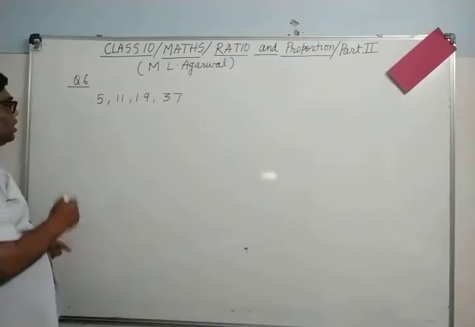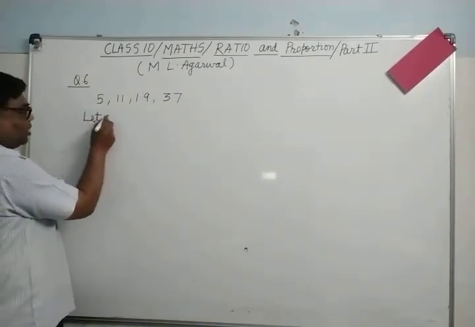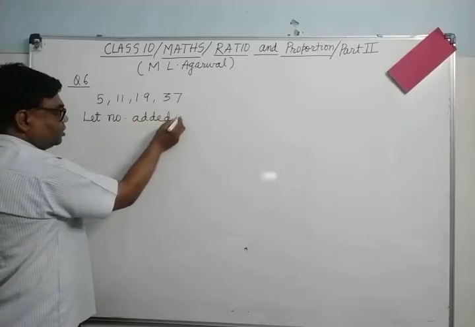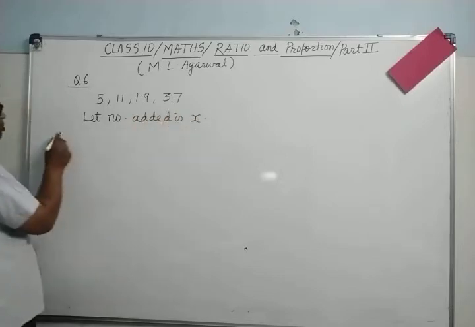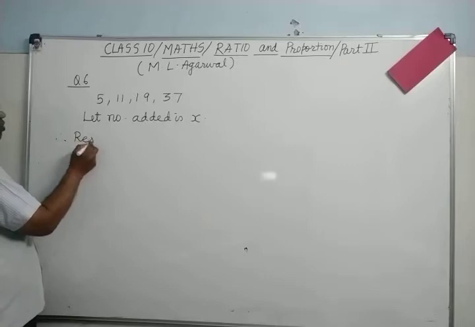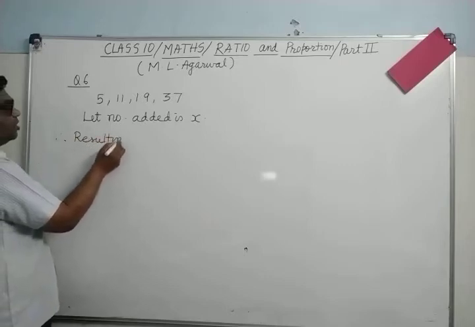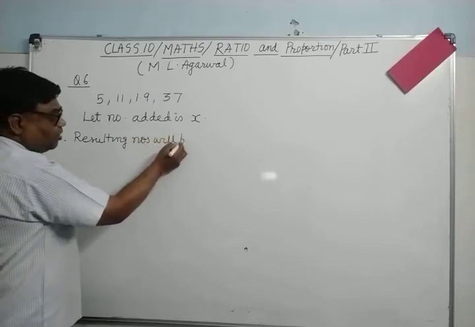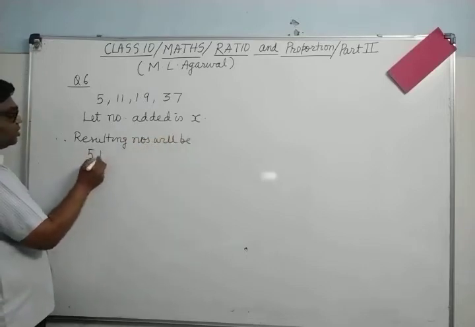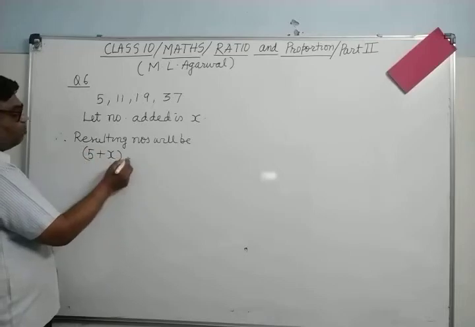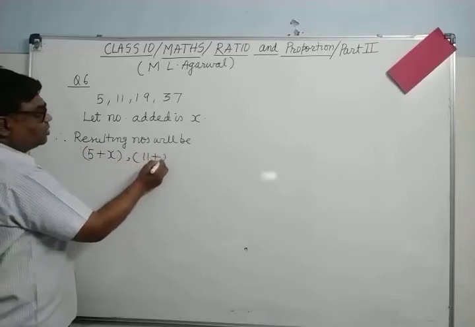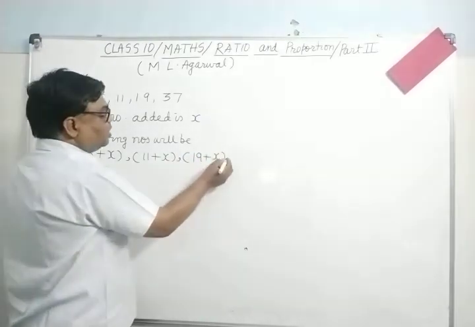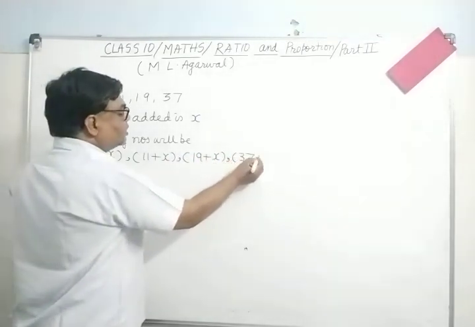So let the number added be x. Therefore, the resulting numbers will be 5 plus x, 11 plus x, 19 plus x and 37 plus x.